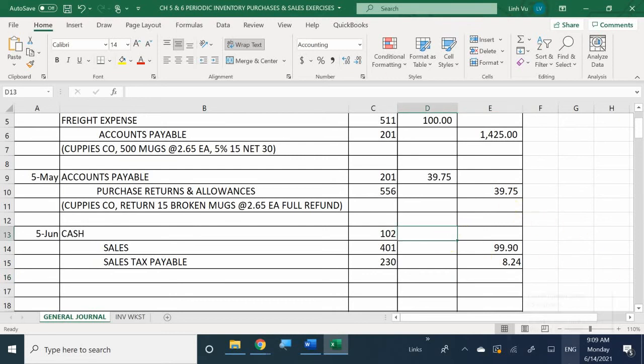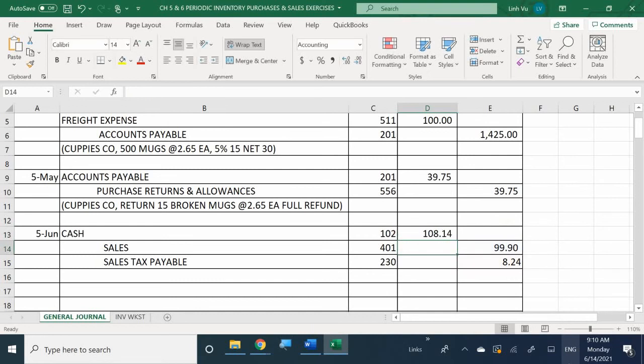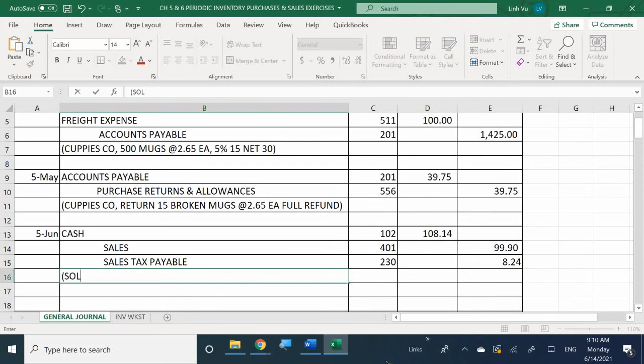So in grand total, how much cash should I be receiving? $108.14.